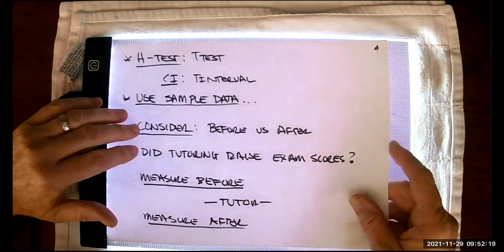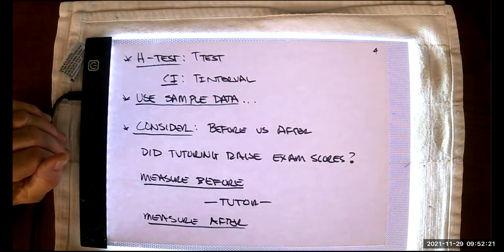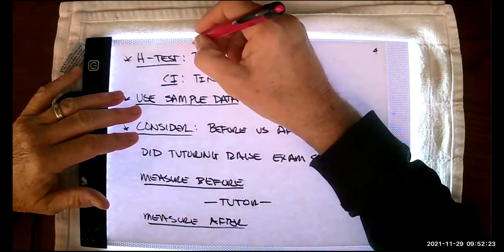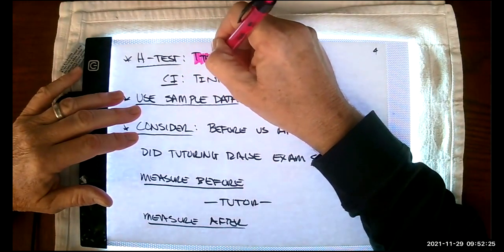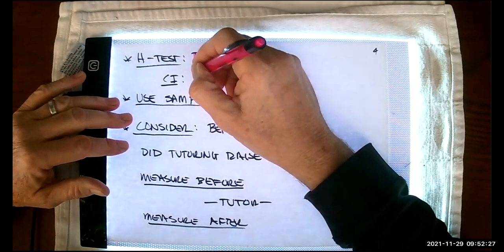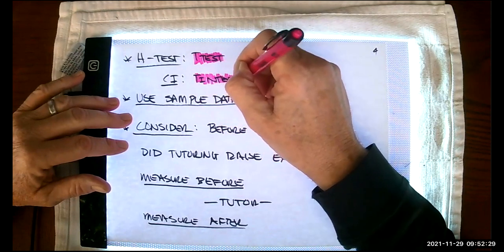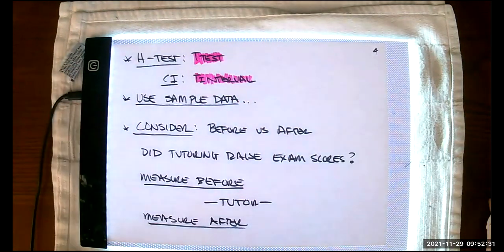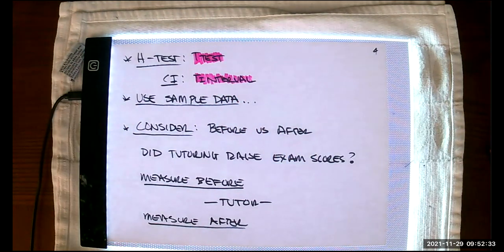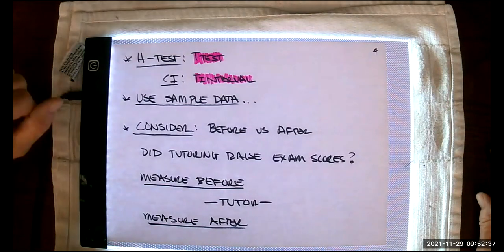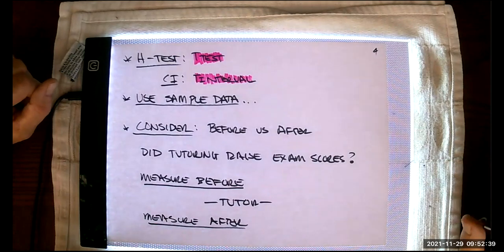And as I say, we're going to use a t-test to conduct our hypothesis test, and we'll use the t-interval tool when we construct our confidence interval. These are both in the test section of your stat menu on your TI-84.